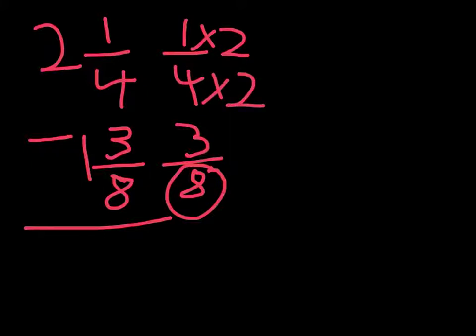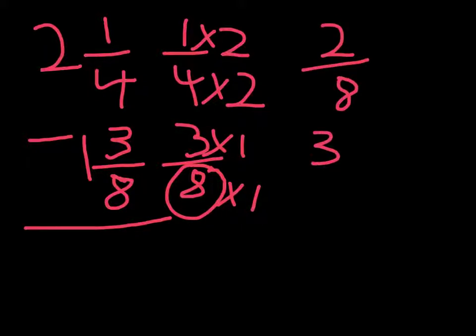multiply the 4 by 2, and we'll multiply 3/8 by 1. And you'll get 2/8 for 1/4. And 3/8 stays the same because we're multiplying it by 1. But 3/8 can't go into 2/8.